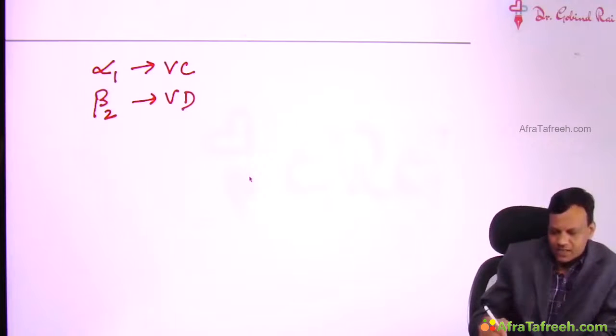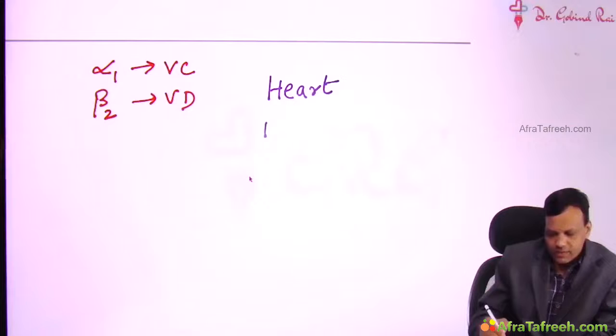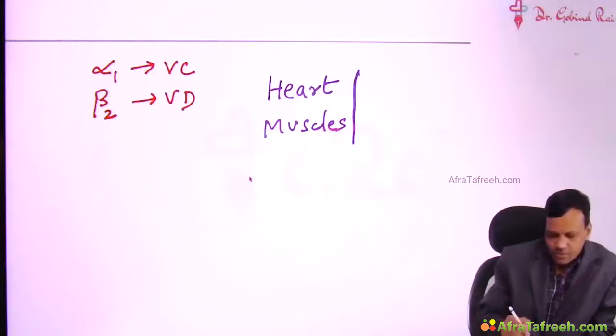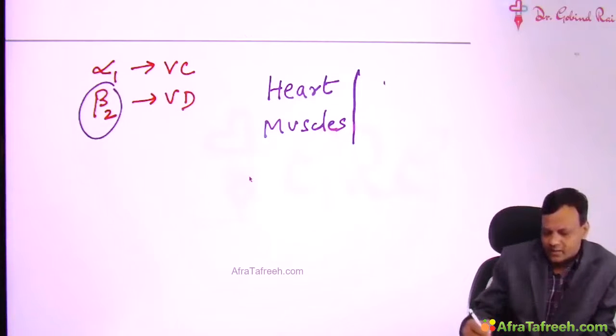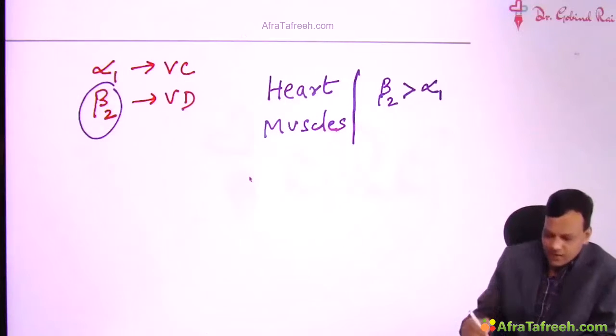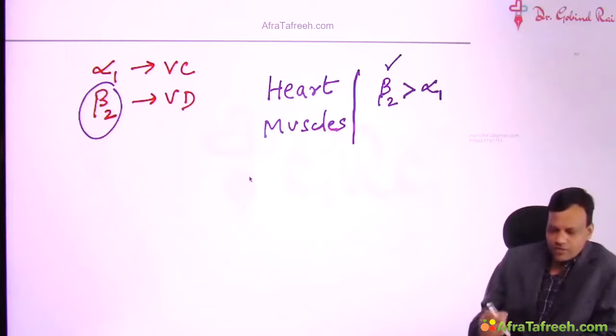So the blood vessels of the heart, which are the coronary arteries, and the blood vessels of skeletal muscles should dilate when there is sympathetic overactivity, and dilation will occur when there is more beta 2. So skeletal muscles and coronary arteries contain more beta 2 as compared to alpha 1 receptors. So whenever the sympathetic system is overactive, we can quickly run away.